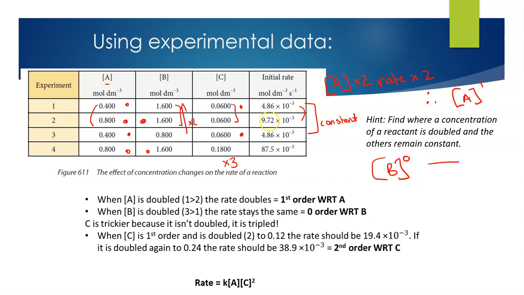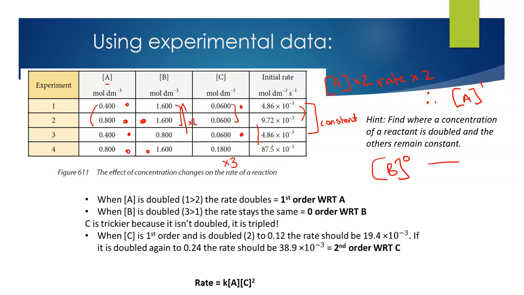And we can see here that the rate between this point and this one, 9.72 to 87.5, if it was first order and tripled, then we would expect it to triple.